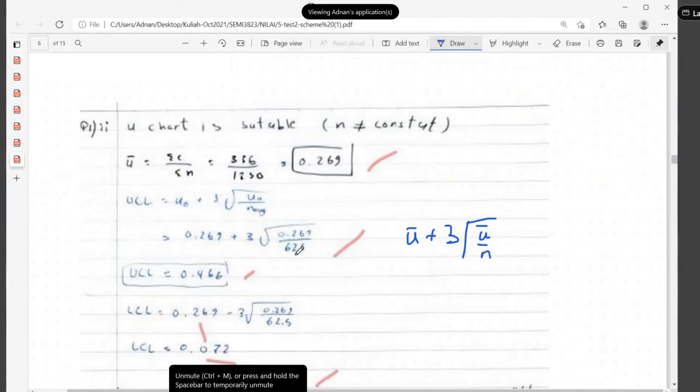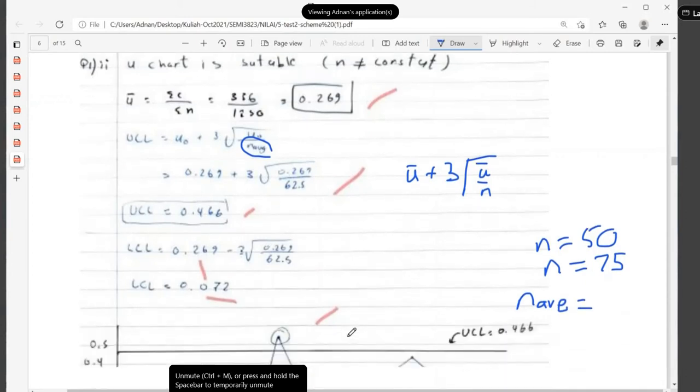Again, you can also use this n average if you do not want to use the individual n, which is n equal to 50 or n of 75. N average only means that you calculate once, so either way is okay.